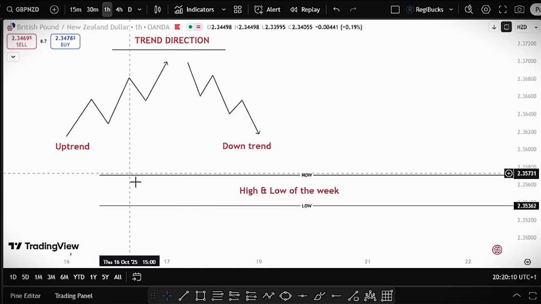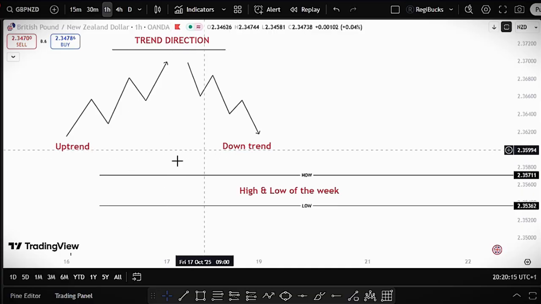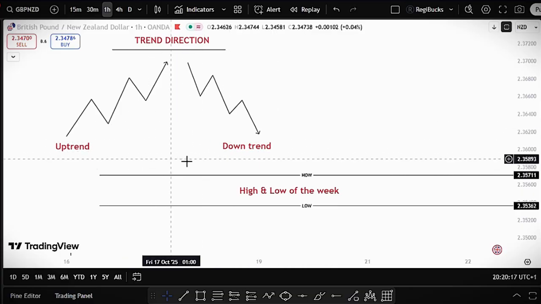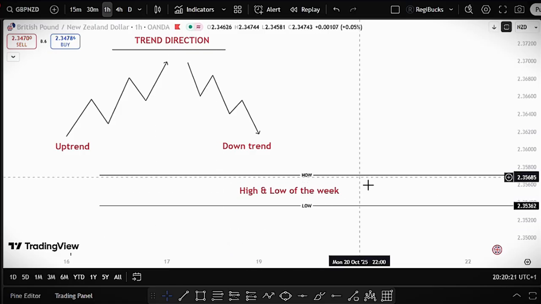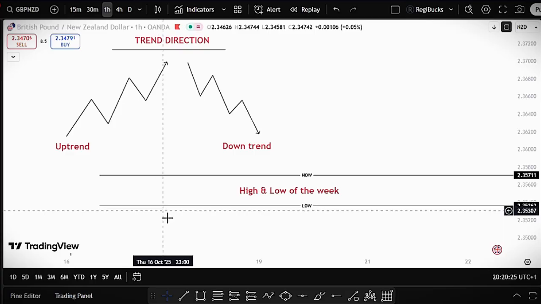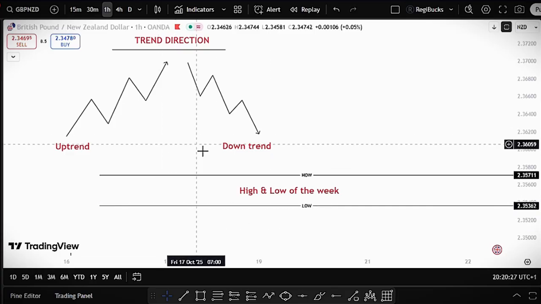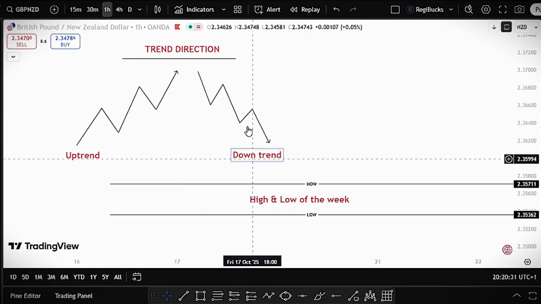So if it's the high of the week that breaks and then is able to hold above that level, you should be buying more. And if it's the low of the week and it's able to break below that level, that means you should be selling more.